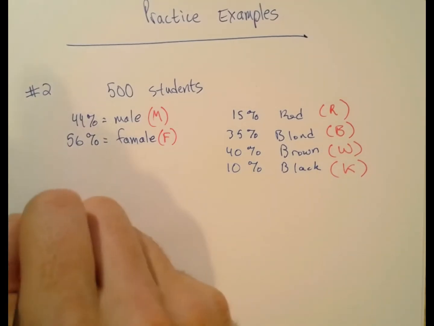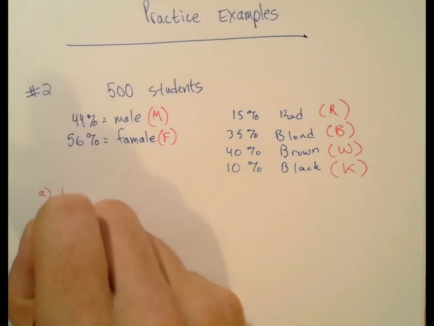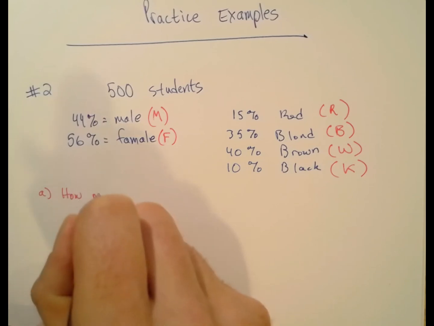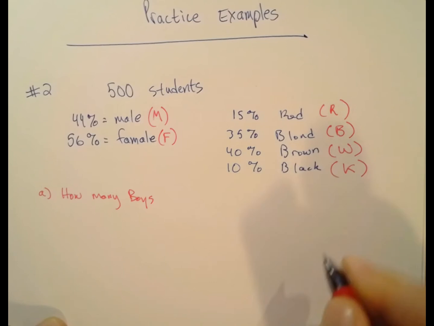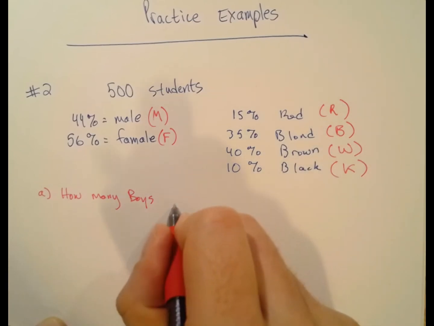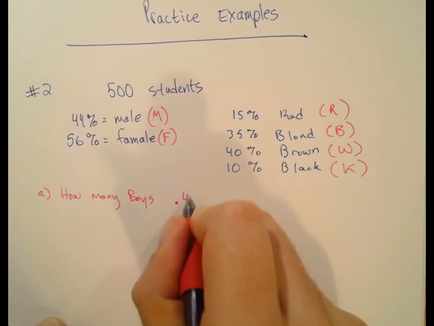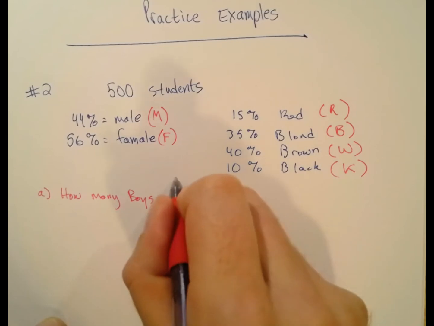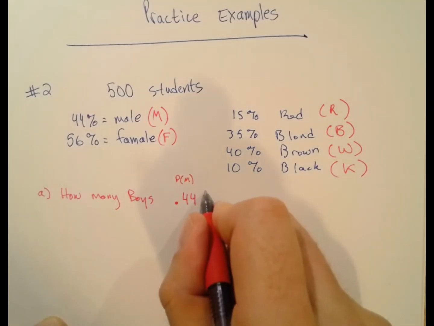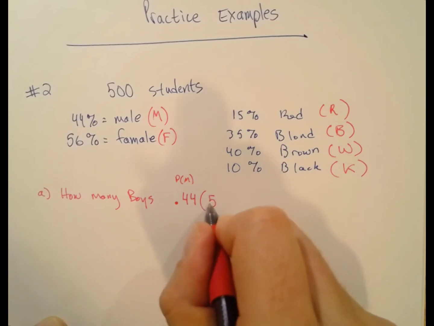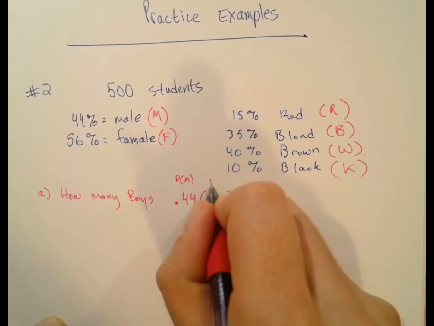Some of the questions, how many boys? We are going to take the probability of choosing a male student, and we are going to multiply that by the number of total students.